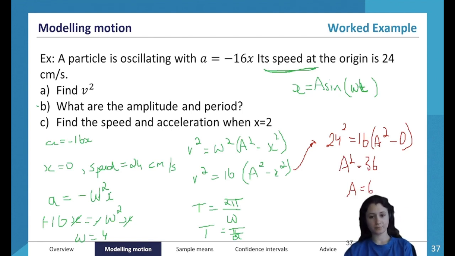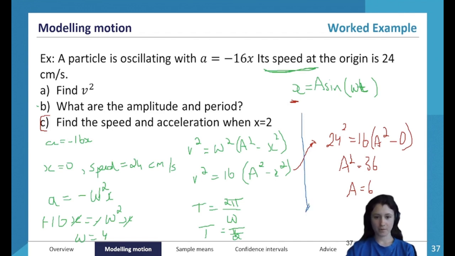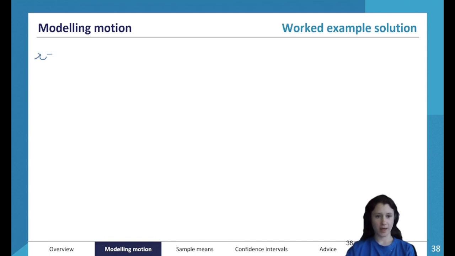Alright, so now we're up to part C. Find the speed and acceleration when x equals 2. So now we need to use this one here. Let's go over to the next slide. So we have x equals a sine omega t. Alright, so we know that a is 6.